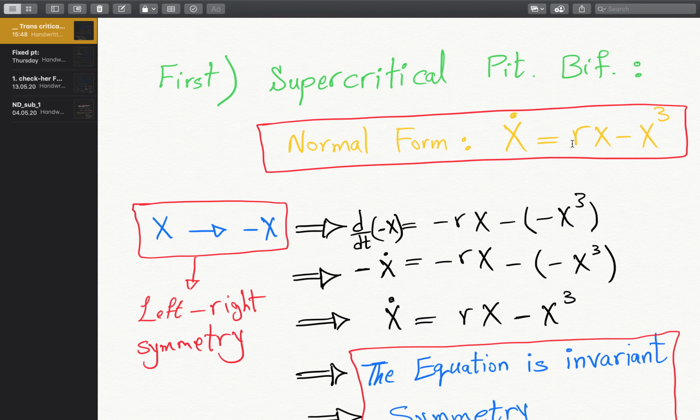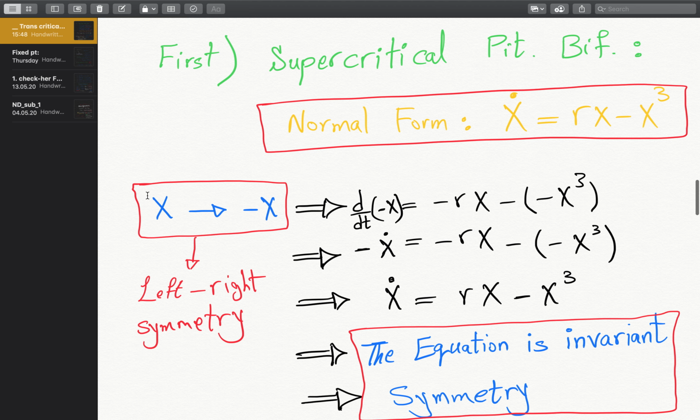In saddle node we just had r minus or plus x squared. In transcritical we had rx minus or plus x squared, and now we have rx minus x cubed. This is the normal form of the supercritical pitchfork.